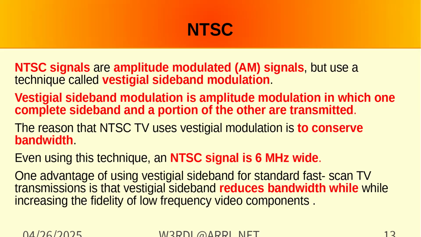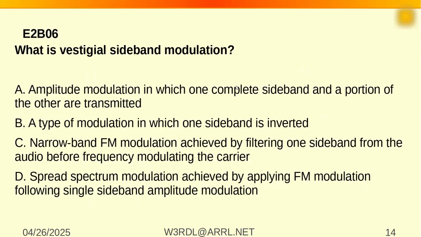And it's less bandwidth than sending both sidebands. I don't know why they don't just do one sideband though, and carrier. Because they need the carrier. But I guess every little bit of bandwidth helps.